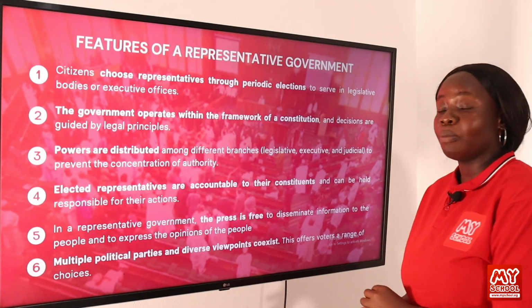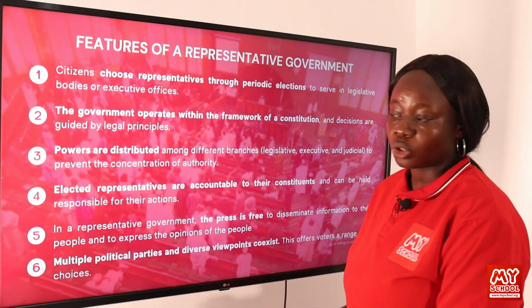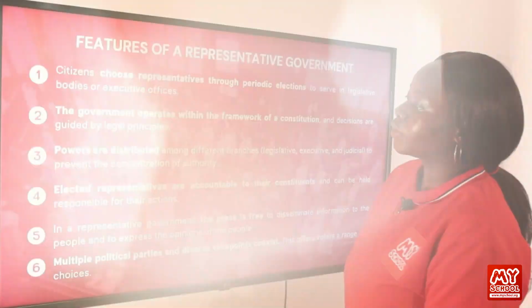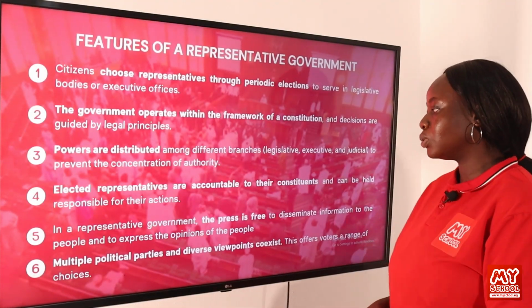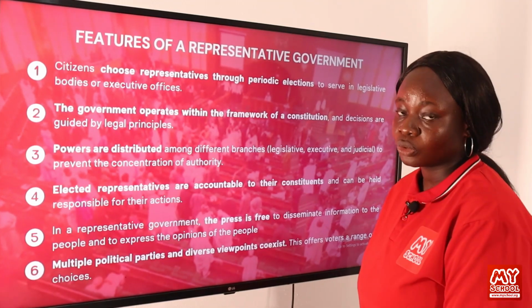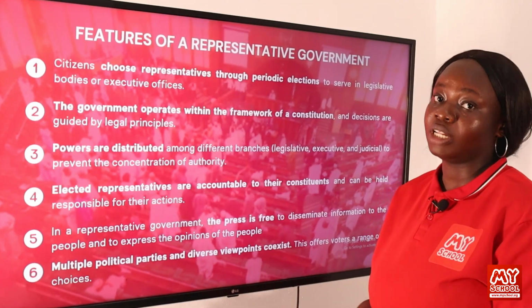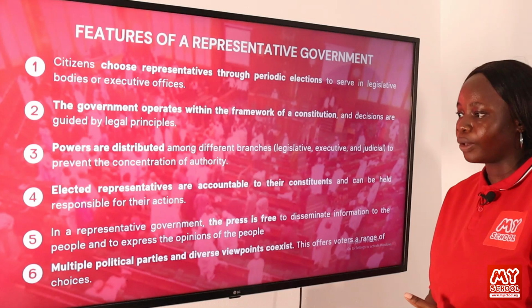Powers are also distributed among different branches, the legislature, the executive, and the judiciary, to prevent the concentration of authority. Elected representatives are accountable to their constituents and can be held responsible for their actions. They know that when they get to power and they do not perform their responsibilities, nobody will vote for them during the next election cycle.